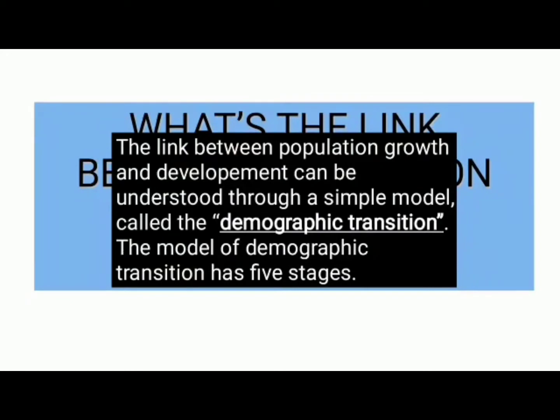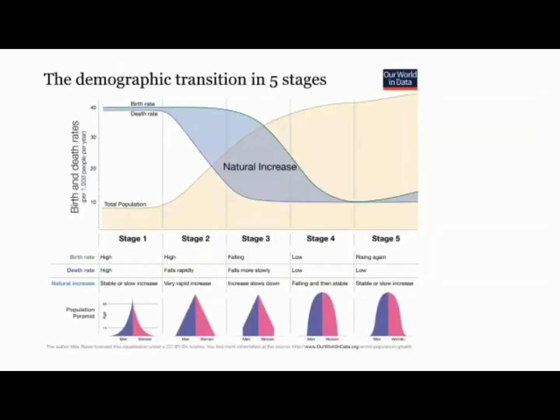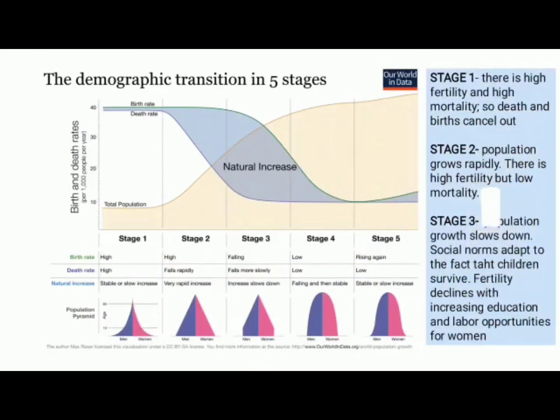So the model of a demographic transition has 5 stages. Stage 1. There is high fertility and high mortality. So death and births cancel out. Stage 2. Population grows rapidly. There is high fertility but low mortality.